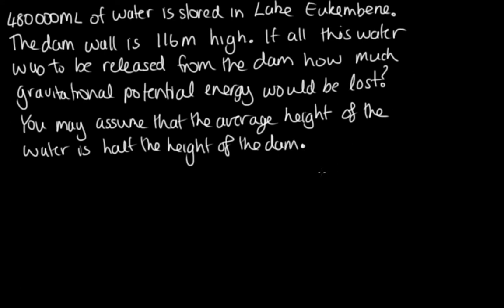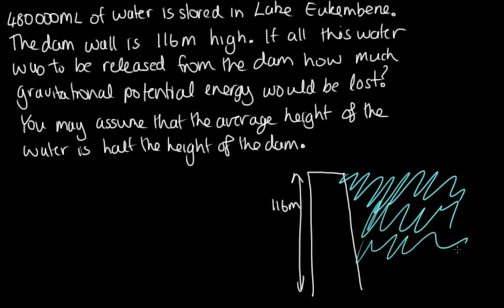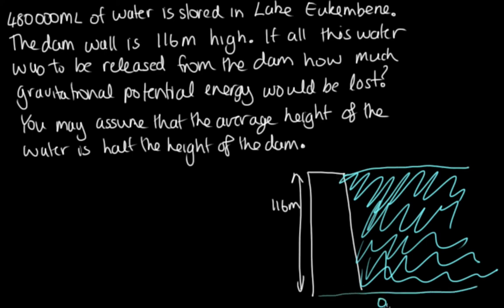So we have a dam wall like this. It's 116 metres high. We have it filled with water. So the top part of the water is at 116 metres, down here we're at 0 metres.